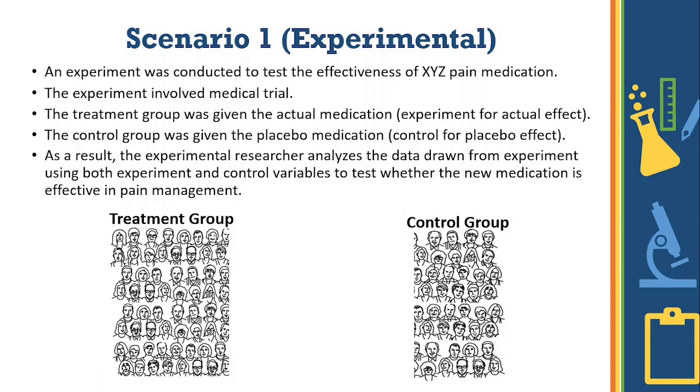In which case, the researcher would conduct a test to see if there's any significant difference between the effectiveness results of the medication between the treatment group and control group.